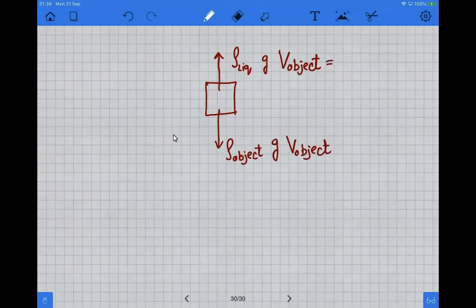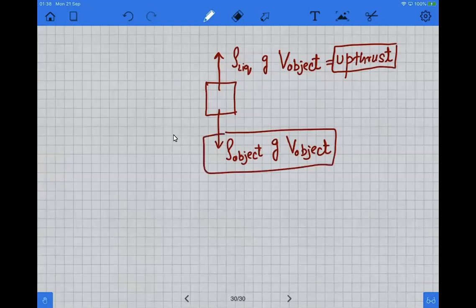This is upthrust, which is basically equal to the weight of the displaced liquid, and this is the weight of the object.